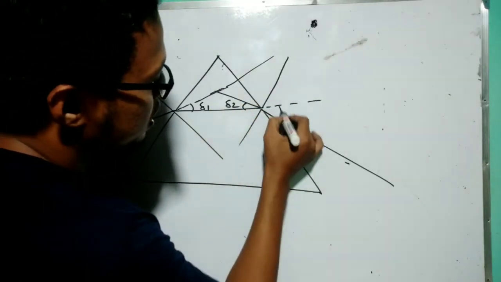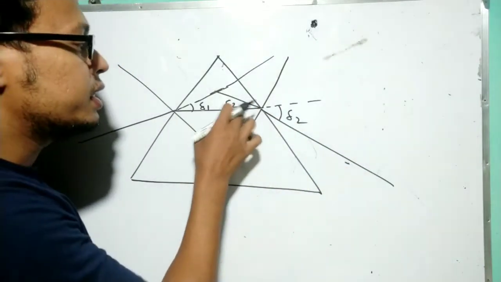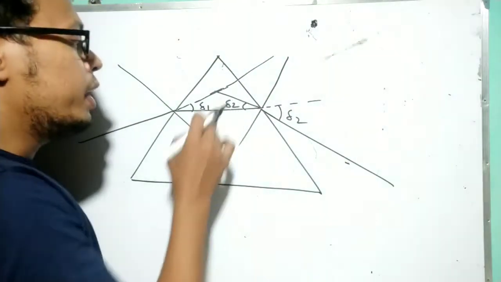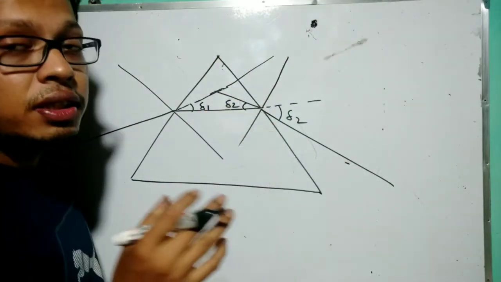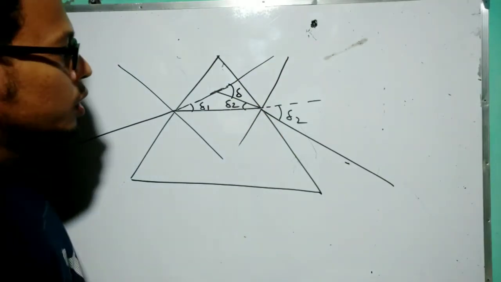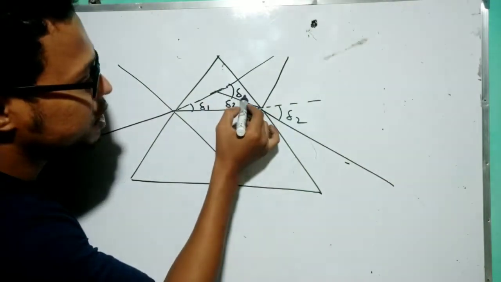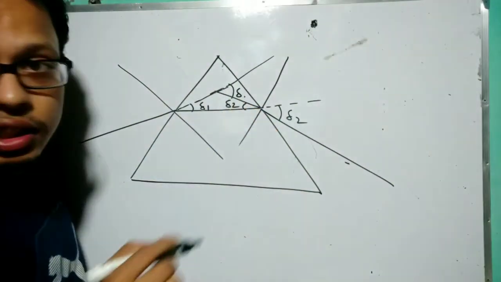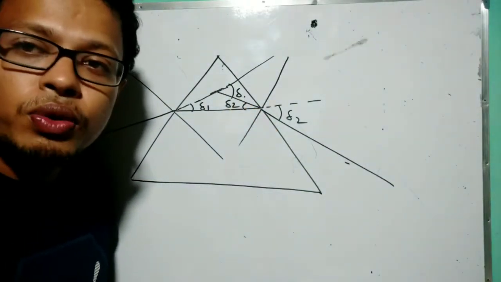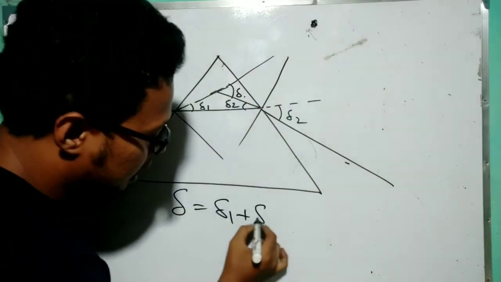This is delta 2 because it is vertically opposite. And delta is the angle of deviation, this one. Now if you see this triangle, this is the exterior angle, and the exterior angle equals the sum of 2 interior angles. So here we can write delta equals delta 1 plus delta 2.